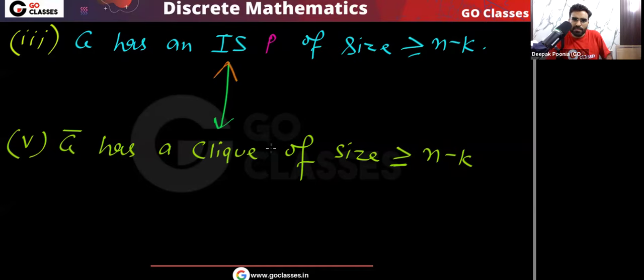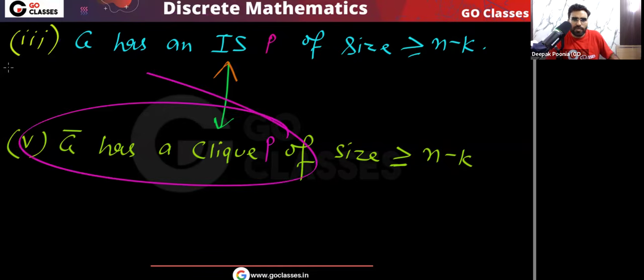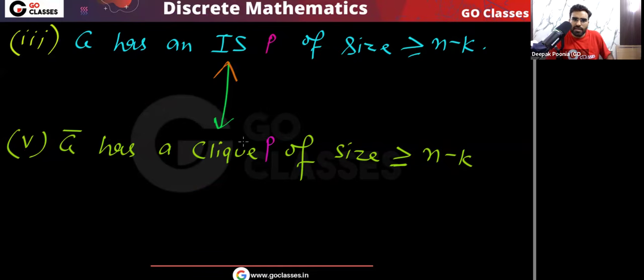The same set P, if it is an independent set in G, will become a clique in G complement. The same set P, if it is a clique in G complement, will become an independent set in G. So this third statement is equivalent to the fifth statement.